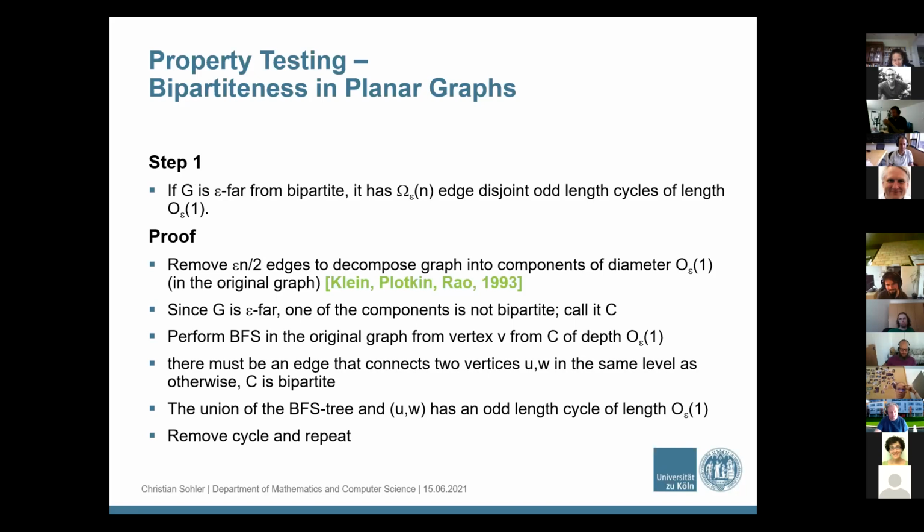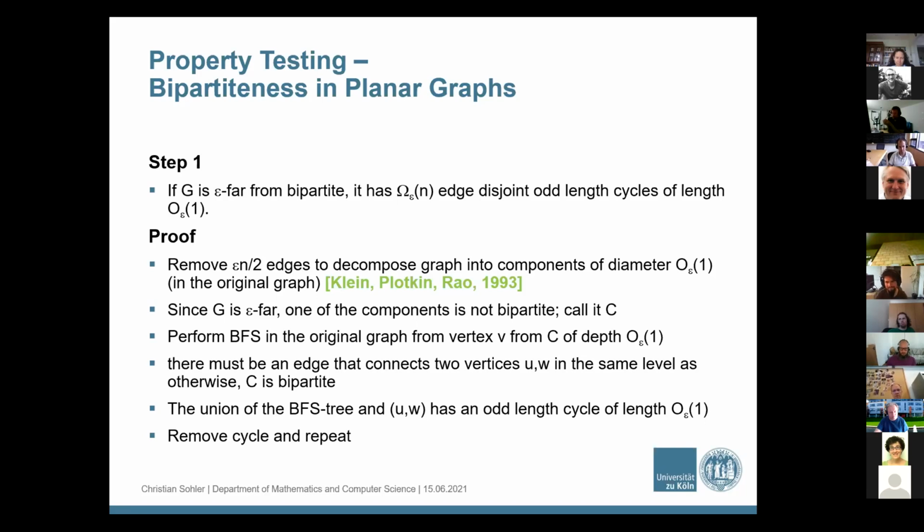But there's a theorem by Klein, Plotkin, and Rao, who showed that one can always remove, say, epsilon n edges to decompose the graph into components of constant diameter, where the diameter is actually the diameter in the original graph.